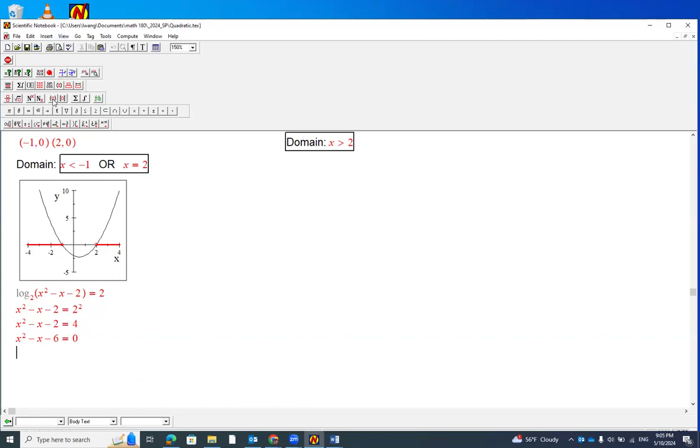Then you factor: (x + 2)(x - 3) = 0. In the end, you get x + 2 = 0 or x - 3 = 0. So we got x = -2 or x = 3. If you do the domain check, right?